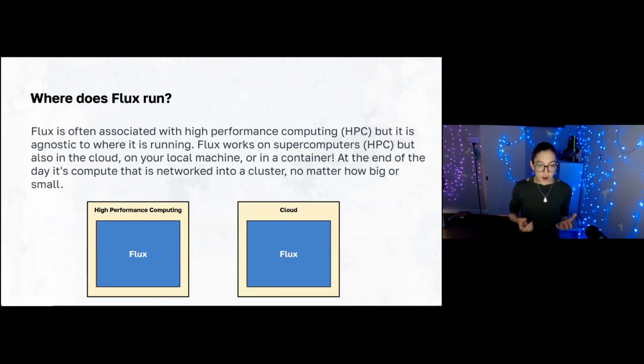Okay, so where does Flux run? There is this misconception. Well, actually, this is very fair. You probably think of Flux as one of those HPC workload managers because it is developed at a national lab. Flux does not care where you deploy it. It is a cluster that needs nodes for compute.